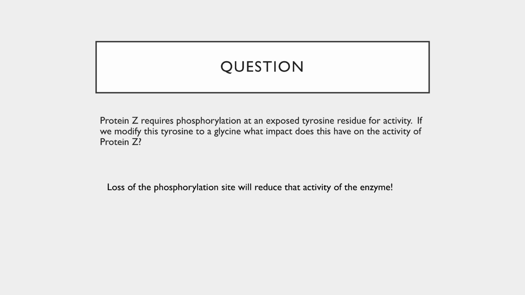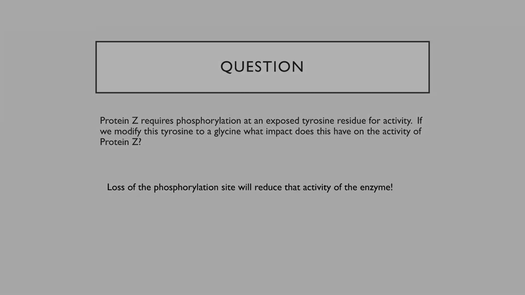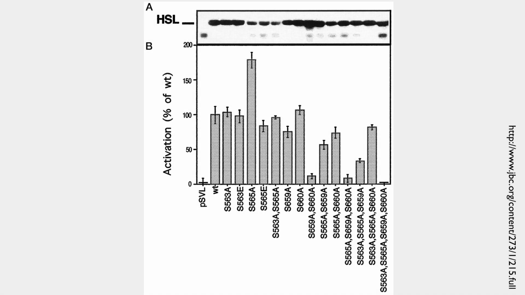Let's look at this from a specific paper to relate this to enzyme activity. This piece of data is taken from a Journal of Biochemistry article that was looking at specific phosphorylation sites on the enzyme hormone-sensitive lipase. Hormone-sensitive lipase is an enzyme involved in lipolysis, and we'll discuss that later in the course.